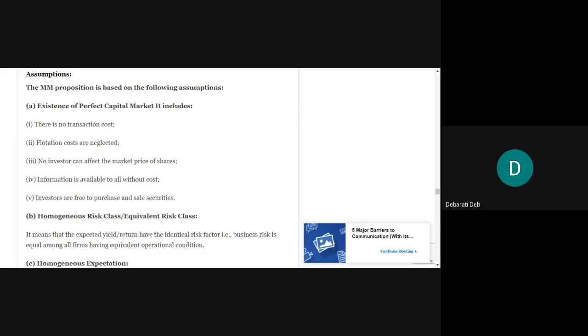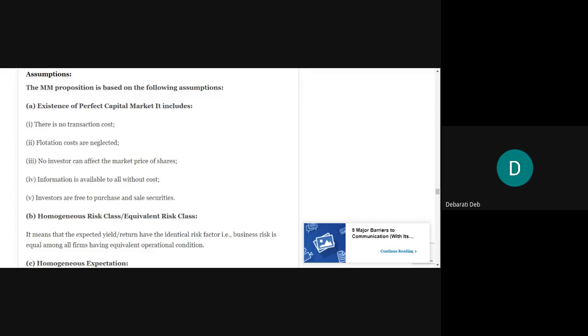It won't happen that if an investor, say an institutional investor, is buying bulk stocks, still the market price of the shares will not be affected. They are saying that this proposition says that no investor will be able to affect the market price.